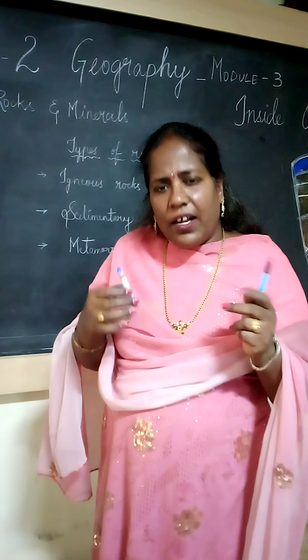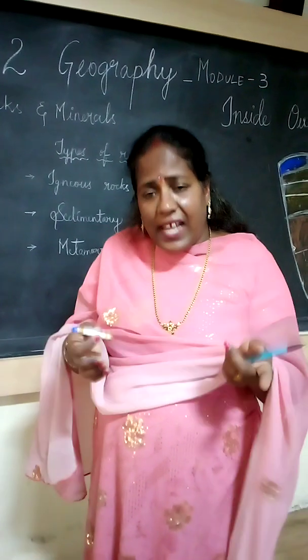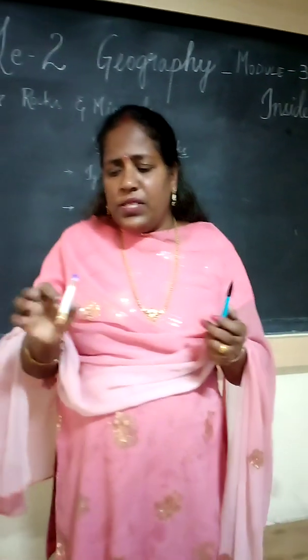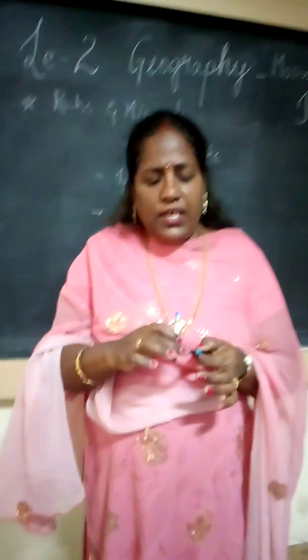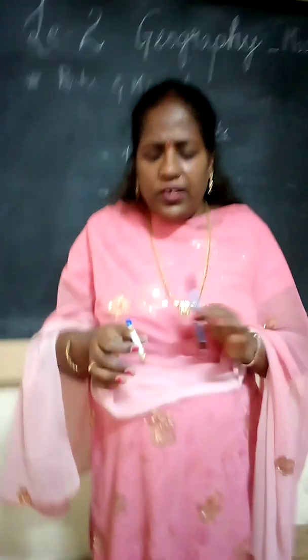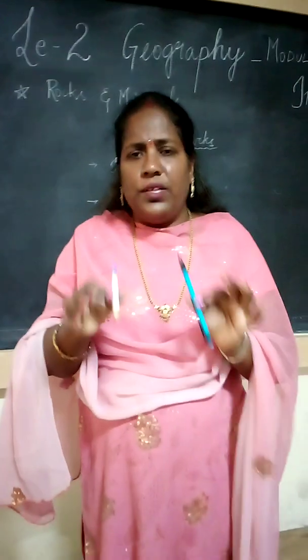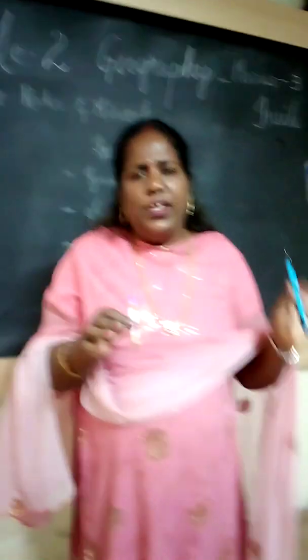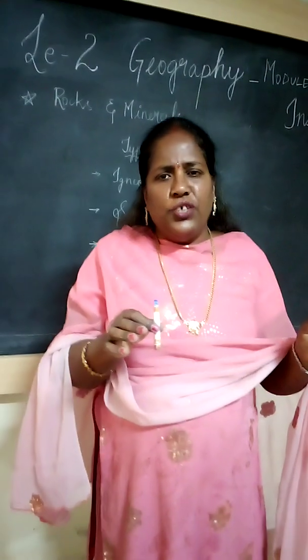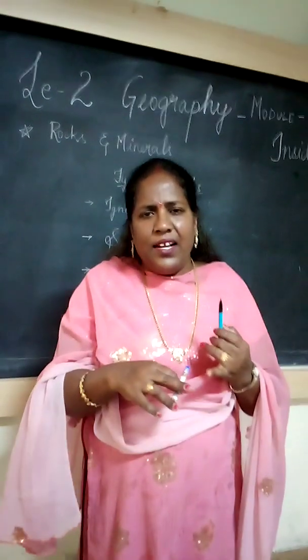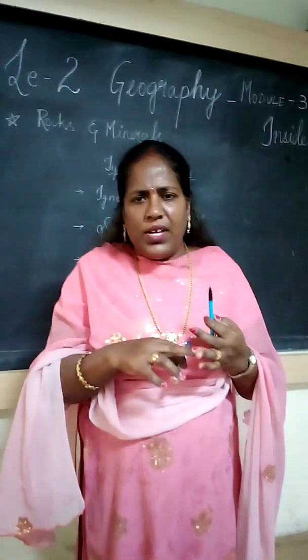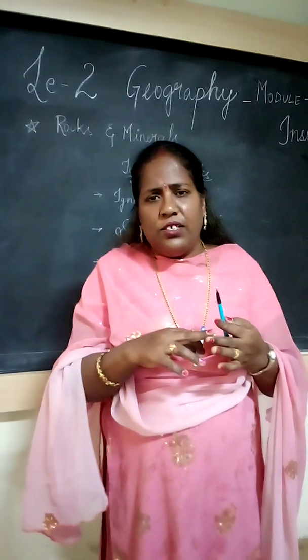Rocks are in different color, different size. Some rocks are soft. Suppose this is there. Here, graphite, you take the chalk. There are smooth rocks. Granite, very hard. Okay. So the rocks are different in color and hardness. Some are hard and the surface also differs.